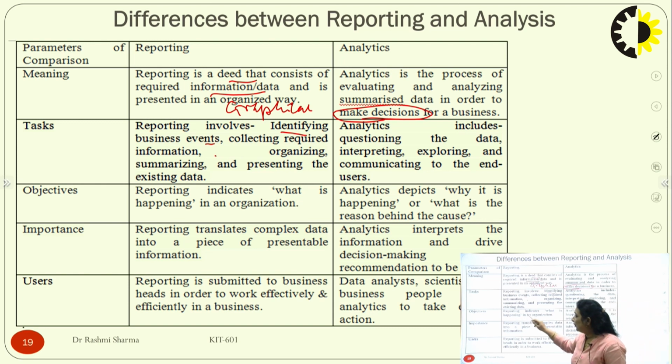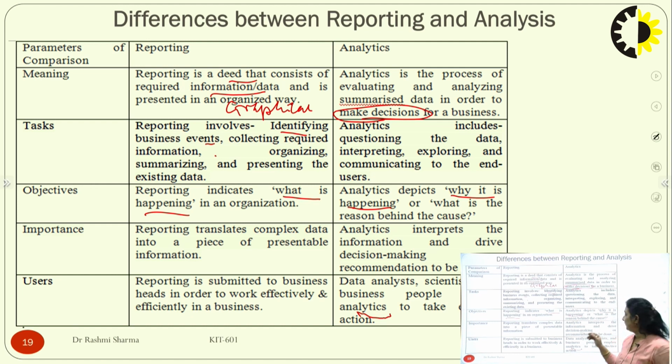Reporting indicates what is happening in an organization, while analysis tells why it is happening, the reason behind it. The importance is that reporting translates complex data into a presentable form, as I told you, maybe in a graphical format. Analytics interprets the information and drives decision making.